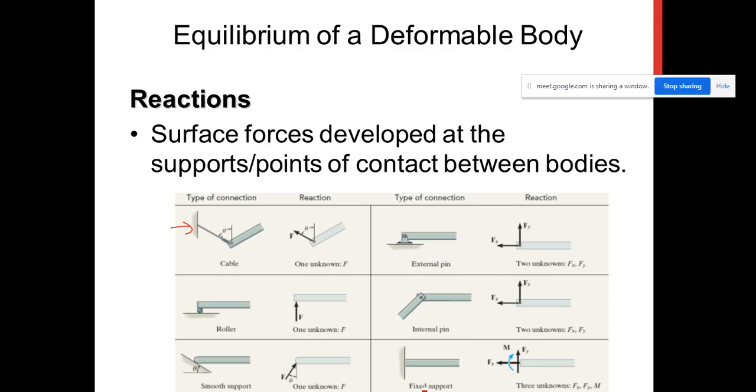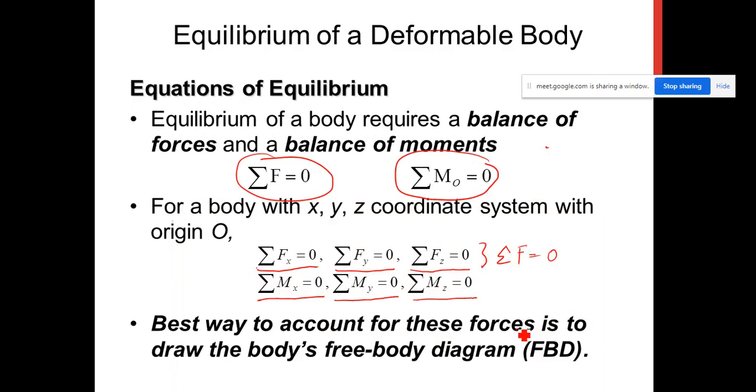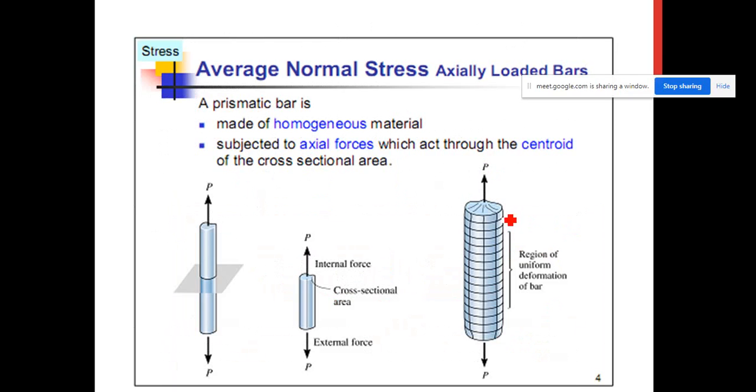And if you have the fixed support, you will have X, Y and also bending moment M. This is all for two-dimensional problems. For a fixed support in a three-dimensional problem, you will have Fx, Fy, Fz, and also bending moment X, bending moment Y and bending moment Z. So this is just revision.